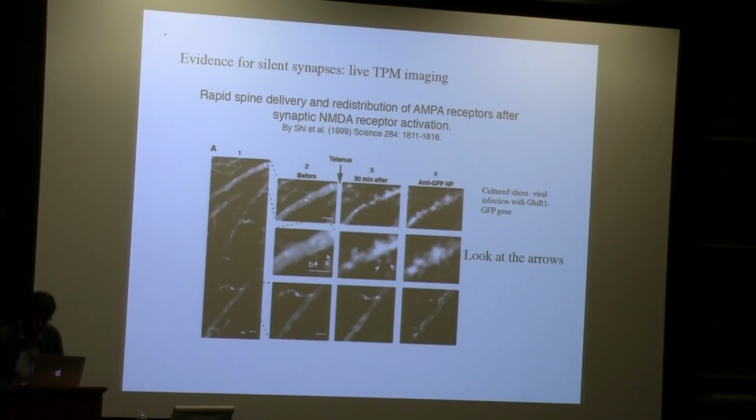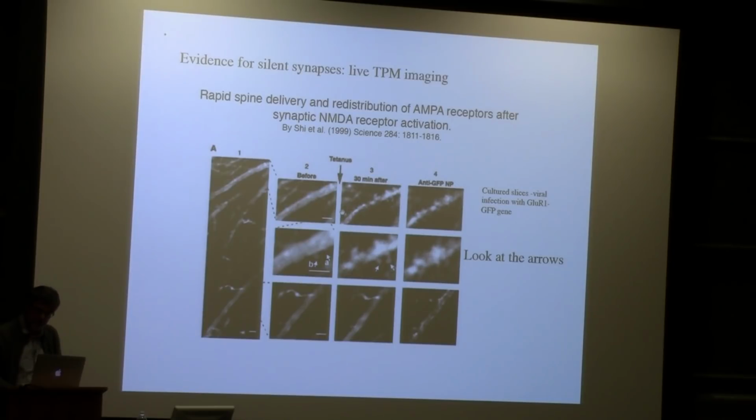But what they have here are cultured cells in which they overexpress AMPA receptors, and the AMPA receptor was tagged with the green fluorescent protein, so it was fluorescent. Here you have a dendrite, and another magnification, and then they apply the tetanus.